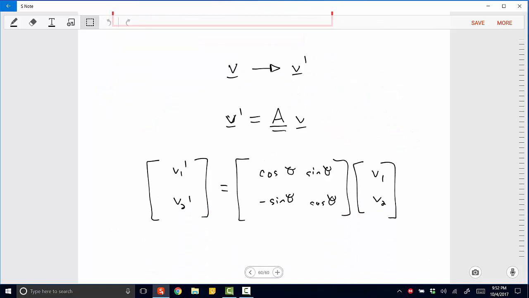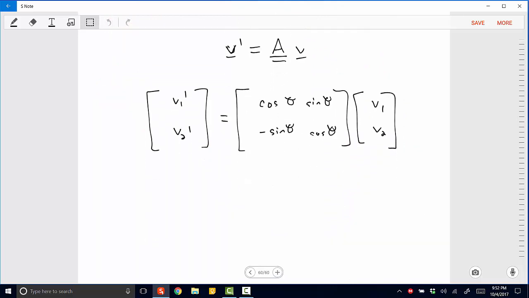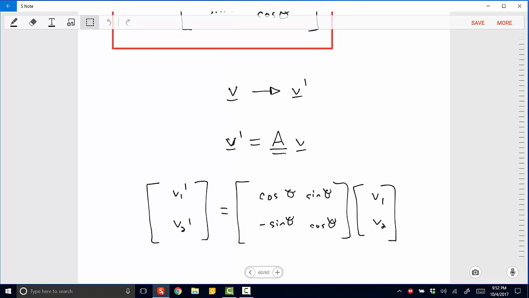We could actually find this same transformation tensor. So why not try that out? Try to find that transformation tensor through the projection method, projecting the components of the original coordinate system into the new coordinate system.